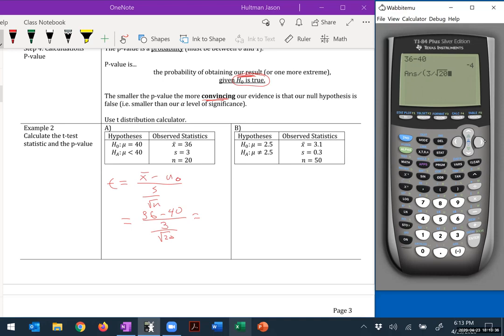I'm going to arrow over and put a close parenthesis, and that gets me negative 5.963. Okay, and that would be my t statistic.